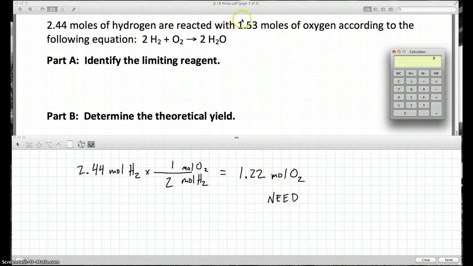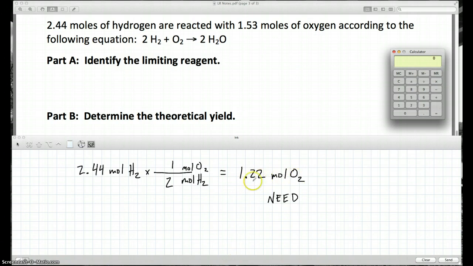I always call these starting numbers, like the 2.44 is a starting number. Another term for that, and you probably heard it in math class or other science classes, is given. So you find your given in the question. Well, if I give you something, you have it. So you have 1.53 moles of oxygen. You need 1.22 moles of oxygen.